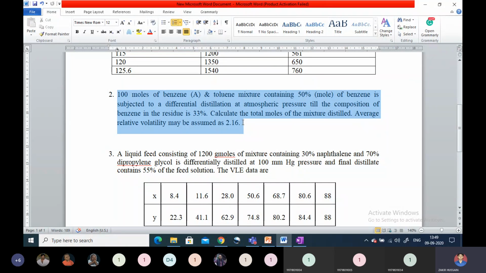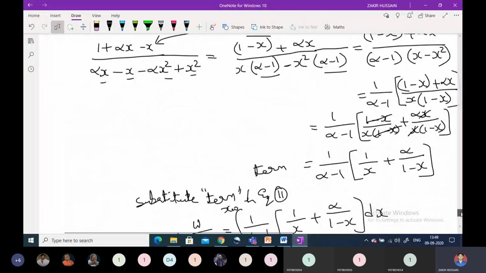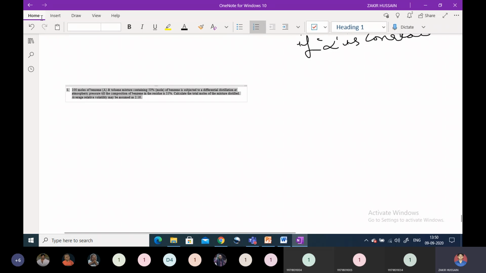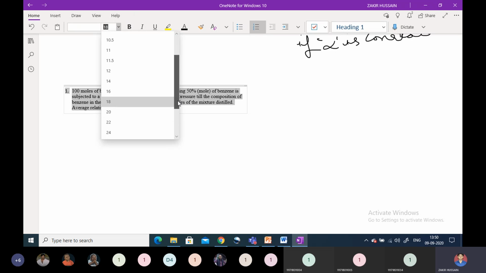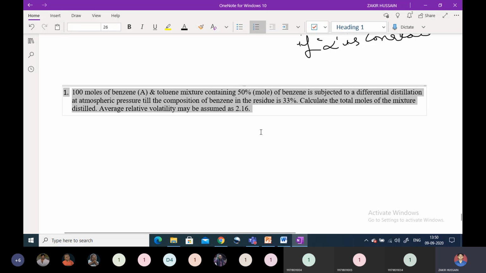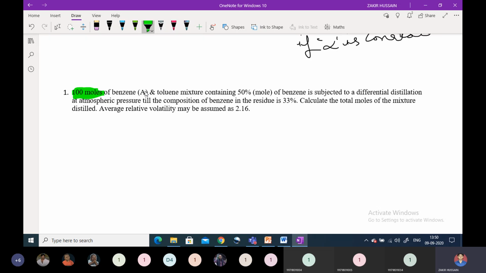So this is a problem from your old question paper. 100 moles of benzene, which they are stating is component A.